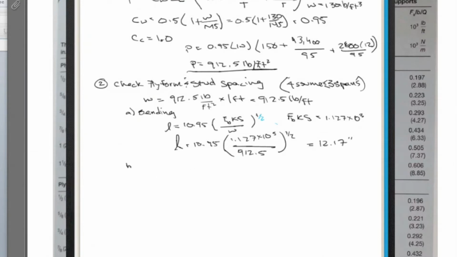Okay, so next we're going to check shear. Check the shear failure mode, its maximum spacing. From that other chart that we talked about, we get 20 FsIb over Q divided by w, plus 2d. This FsIb over Q from that chart was 0.613, or sorry, 616 times 10 to the 3.